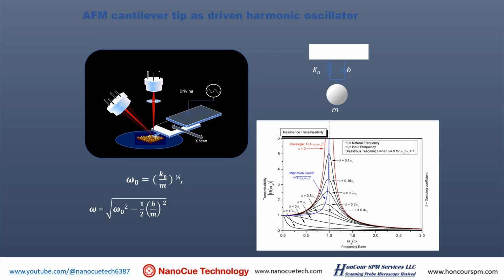However, in reality, the resonant frequency is not only determined by the spring constant of the cantilever, but also by another factor called damping. We're experiencing damping from the surface and from the environment around. This damping can shift the resonant frequency.